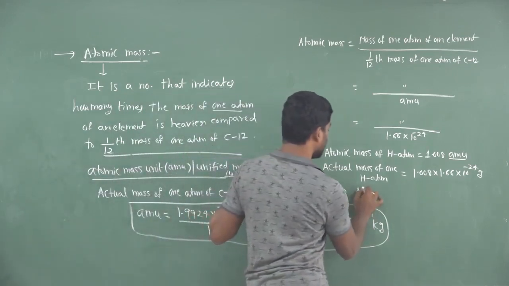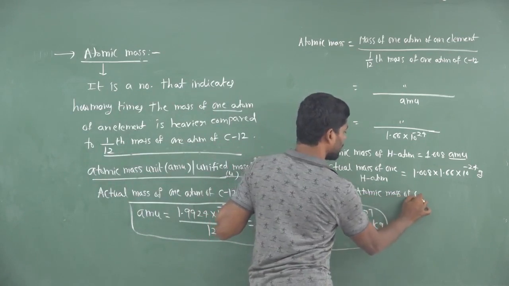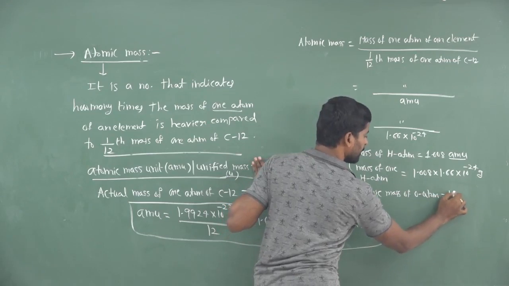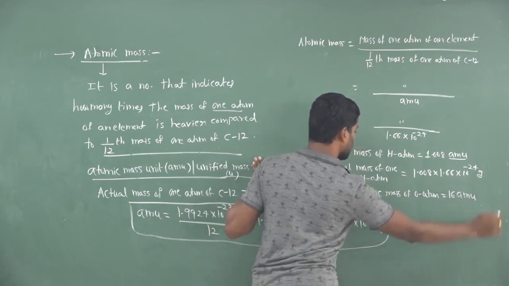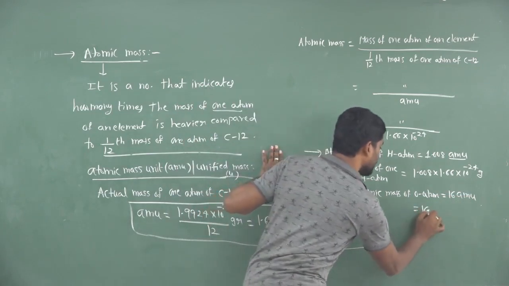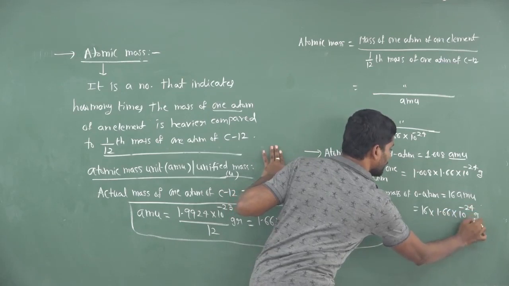Similarly, the atomic mass of an oxygen atom is 16 atomic mass units, or 16 into 1.66 into 10 power minus 24 grams.